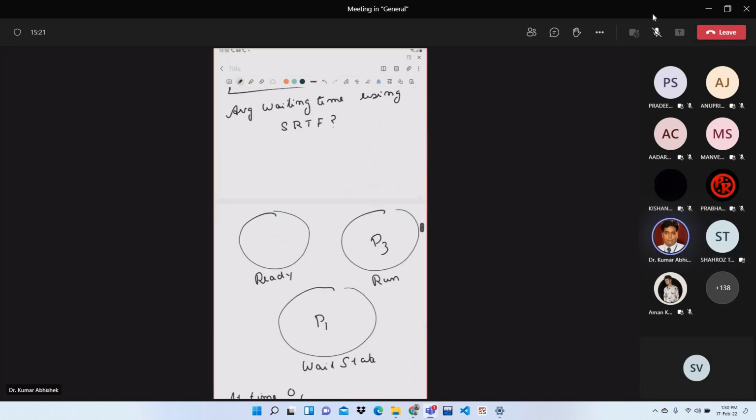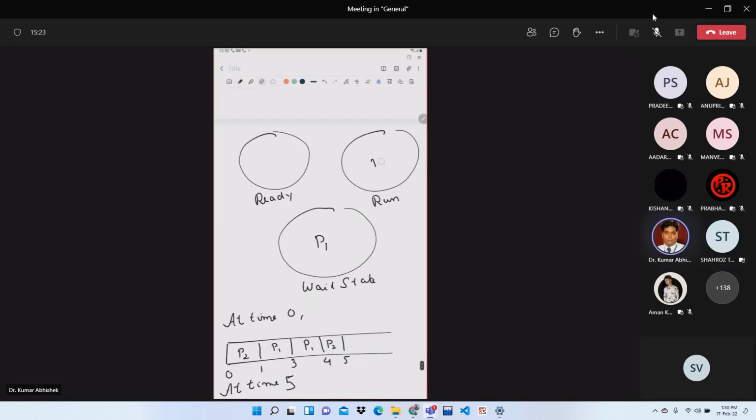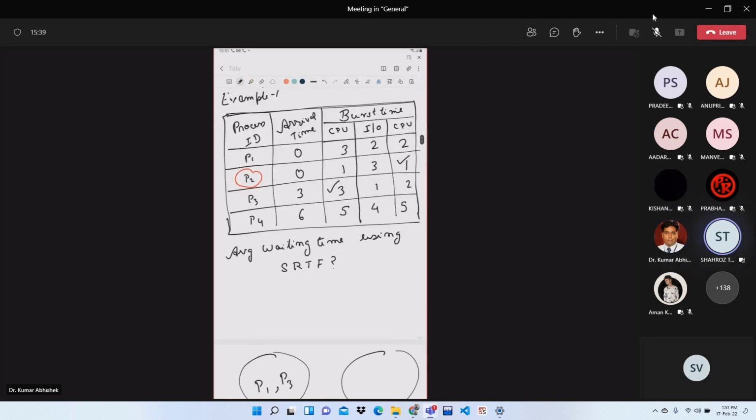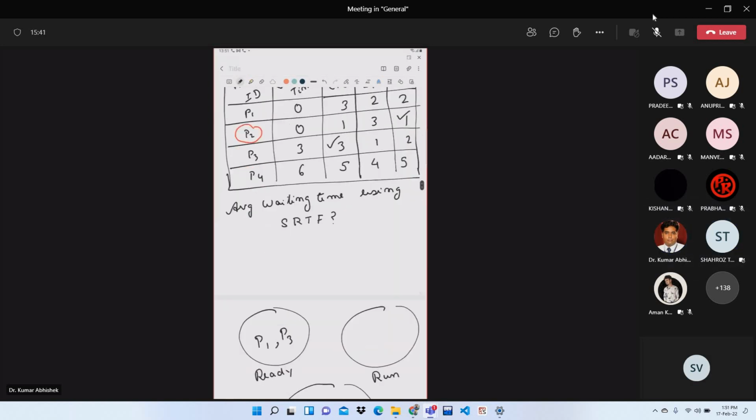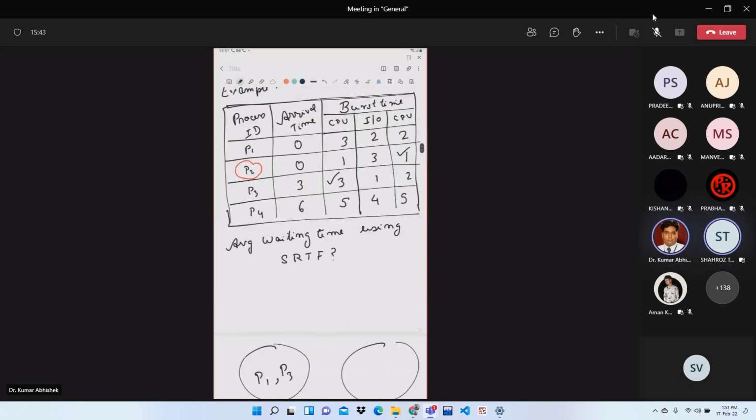At time 5 we will have P3 and P1. P3 takes 2 seconds for IO.